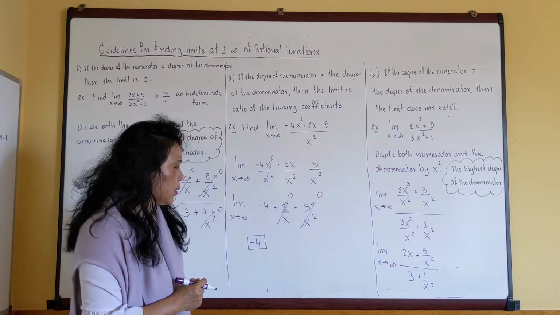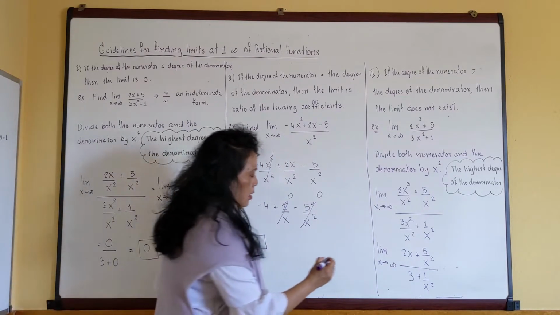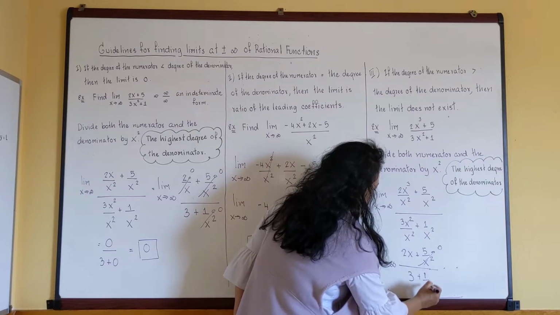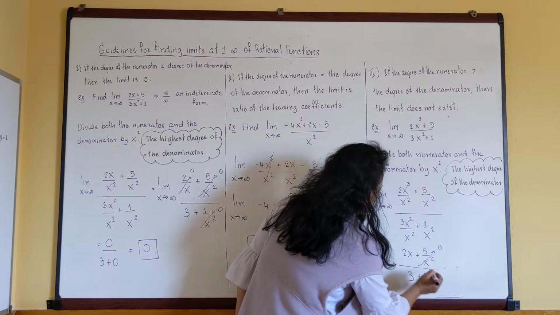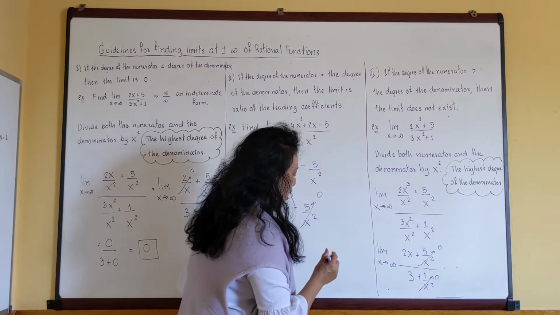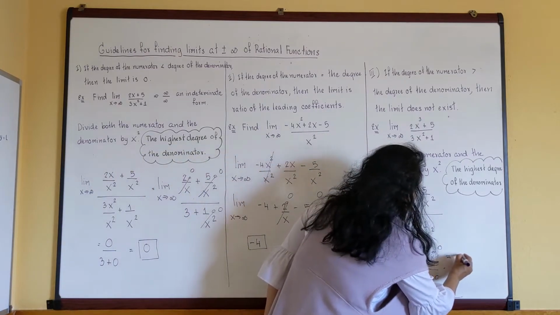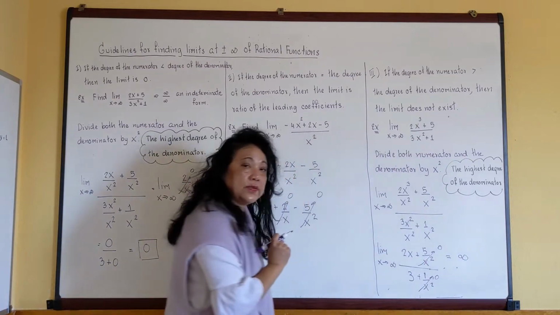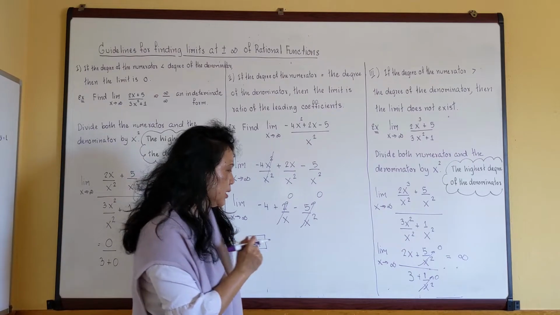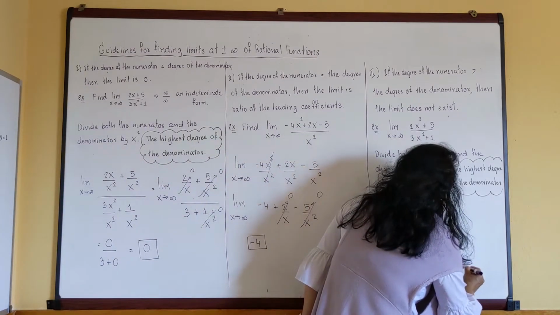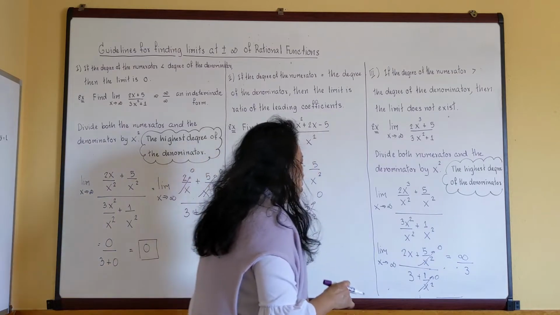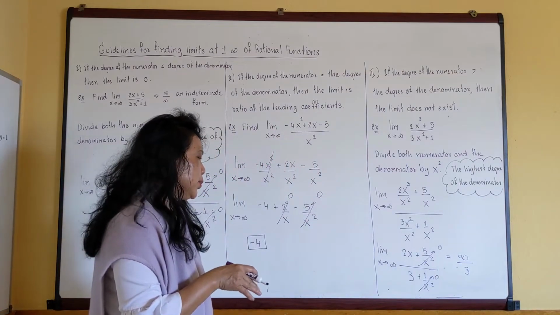Now as x goes to infinity, this term will be 0, this term will be 0. I would have infinity because x goes to infinity. Infinity times 2 is infinity over 3. So the numerator goes to infinity, the denominator is approaching 3.